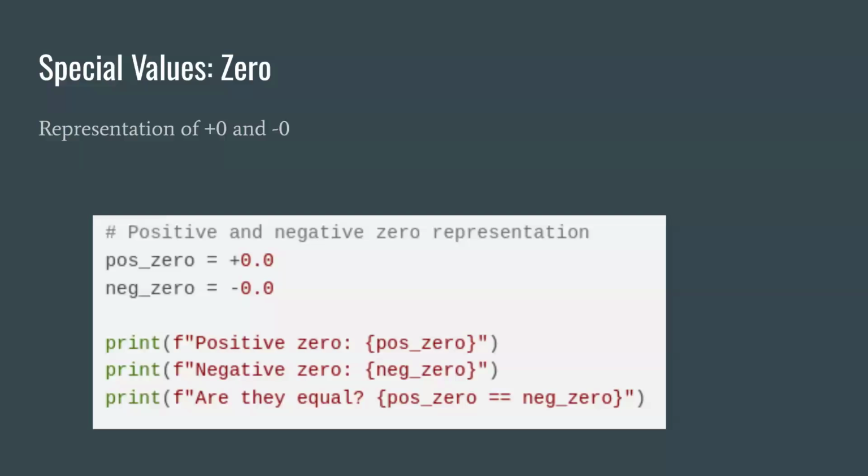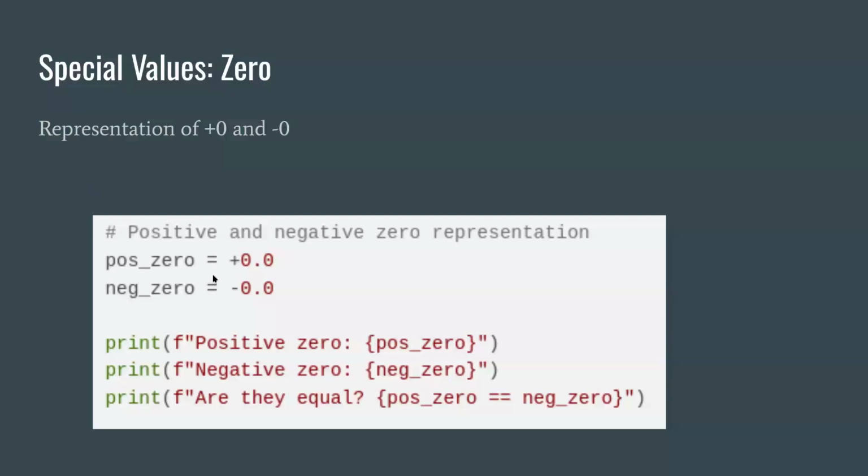So for example, positive 0 and negative 0 can behave differently in certain operations, such as division, where dividing by positive 0 yields positive infinity, and dividing by negative 0 yields negative infinity.